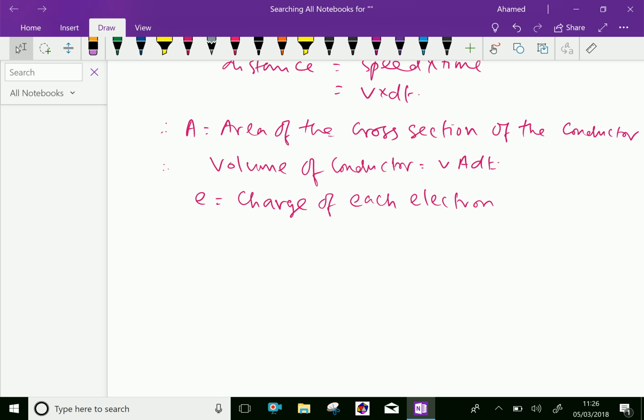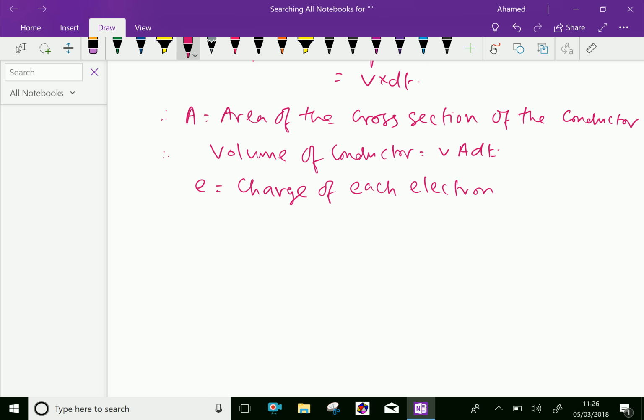So we can say dq, the total charge which crosses the cross section of the conductor in time dt, is equal to n A e v dt.